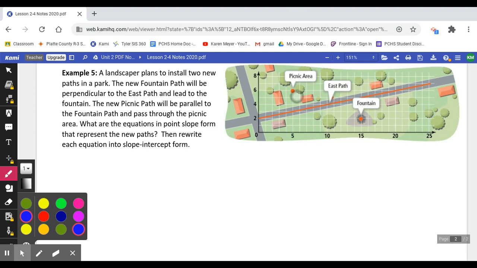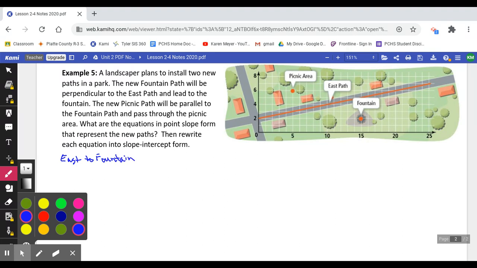Okay, so let's start with the first one, east to the fountain. So the first thing I have to do is figure out the slope.